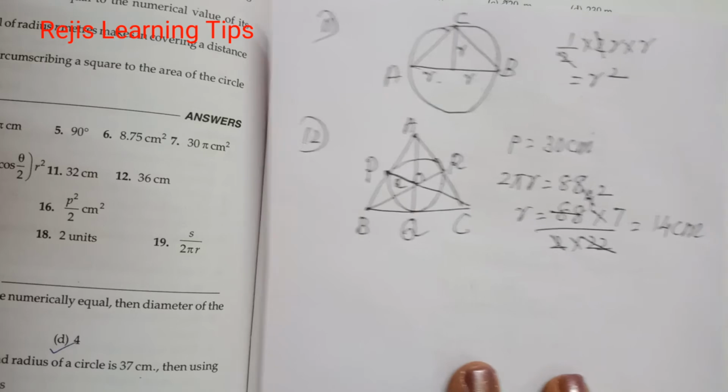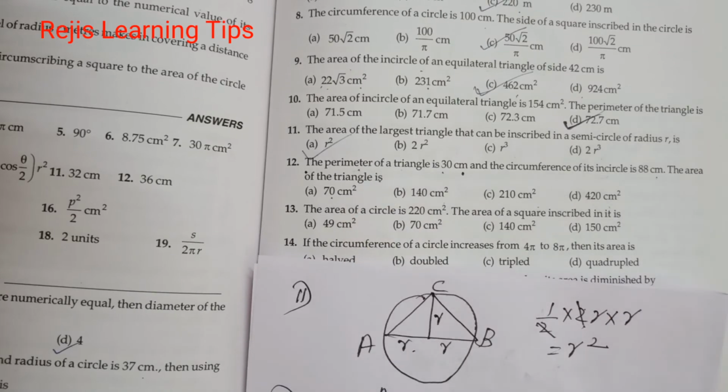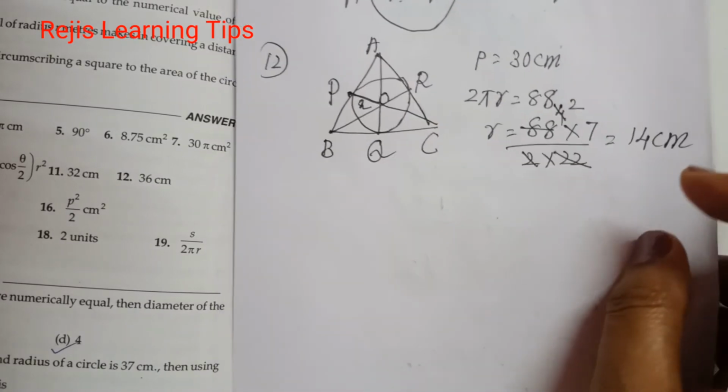Then we have to find the area of the triangle. Perimeter of the triangle is given there.